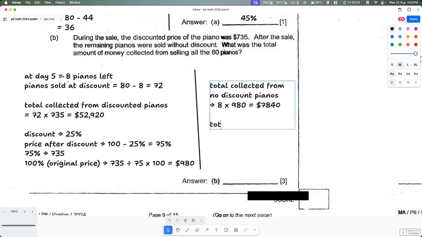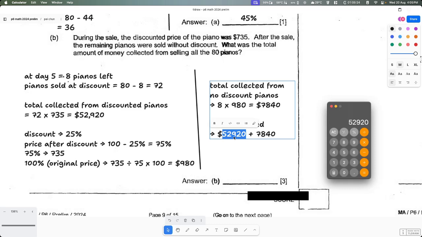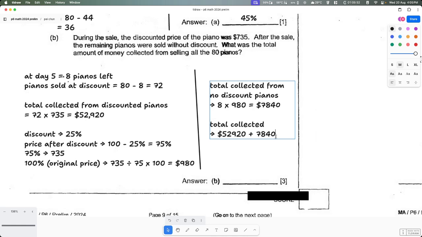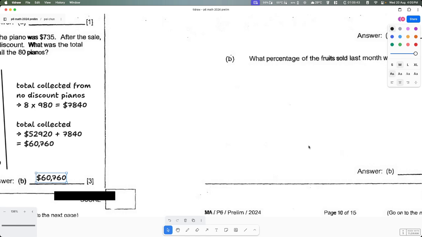So total collected is equal to 52,920 plus 7,840. So 52,920 plus 7,840 is $60,760. All right, that is a lot of money. There we go. So that's the answer: $60,760.